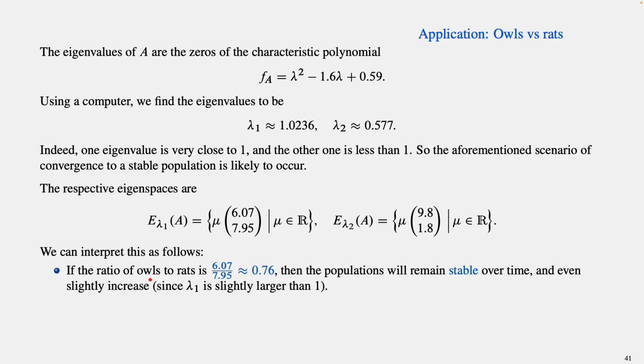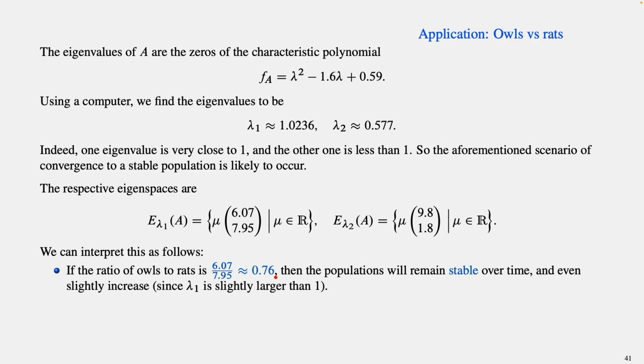If the ratio of owls to rats is this divided by this, so roughly 0.76, this is then the eigenspace for the eigenvalue lambda 1. Then the populations will remain stable over time and even slightly increase because this eigenvalue is actually even a bit larger than 1. So this would be a very healthy situation.